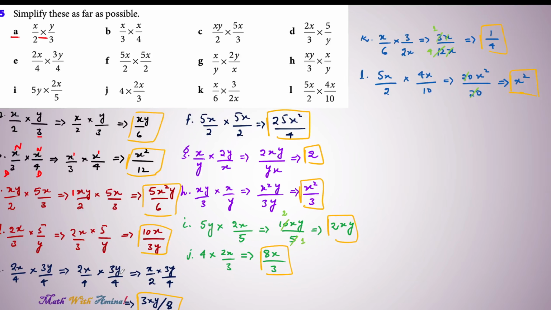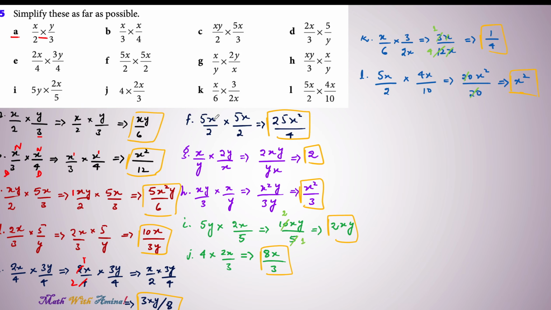However, before we perform this step, we can further simplify the first fraction. 2 divided by 2 is 1, and 4 divided by 2 is 2. This way we get x over 2 multiplied by 3y over 4. Now we do the multiplication. x multiplied by 3y is equal to 3xy. 2 multiplied by 4 is equal to 8. So 3xy over 8 is our final answer.